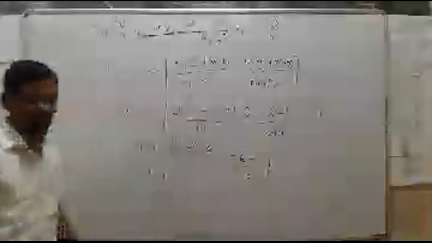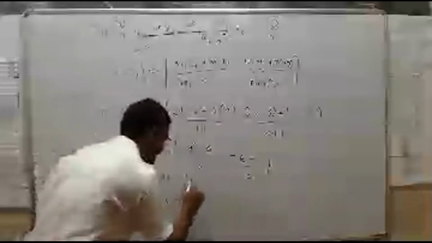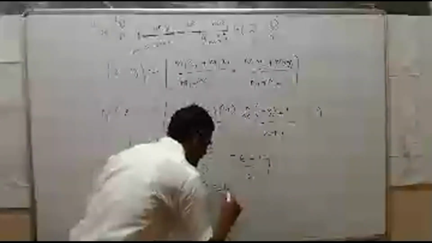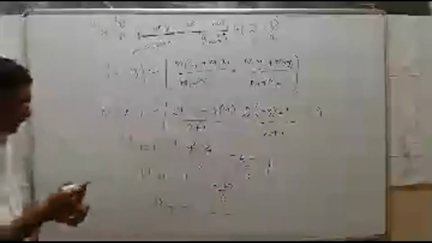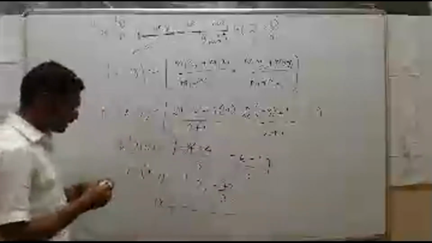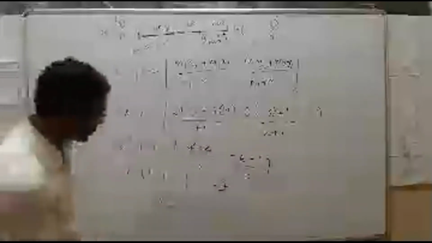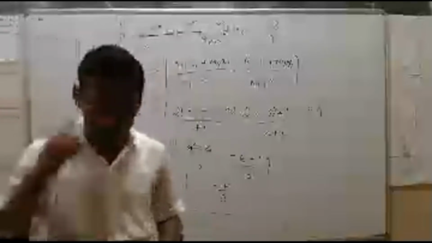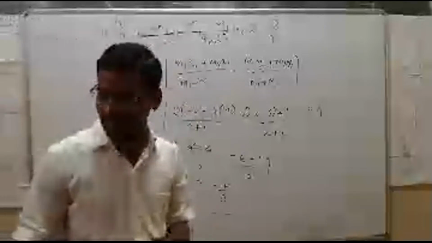Minus 4 plus 4 cancel, 0 by 3 is 0. Minus 6 minus 1 is minus 7 divided by 3. Therefore, the coordinates of Q are 0, minus 7 by 3.